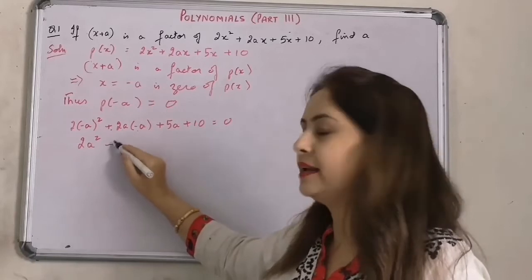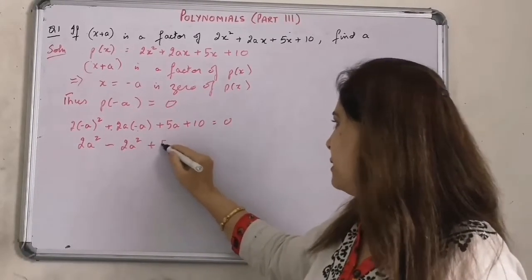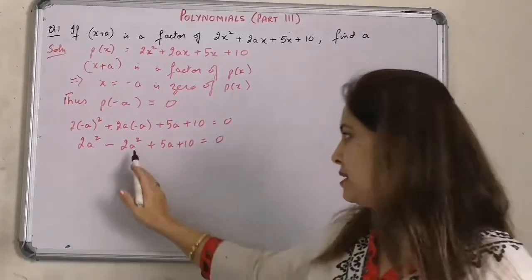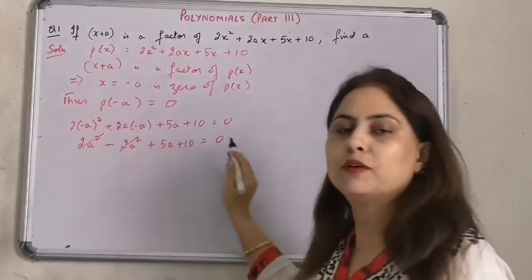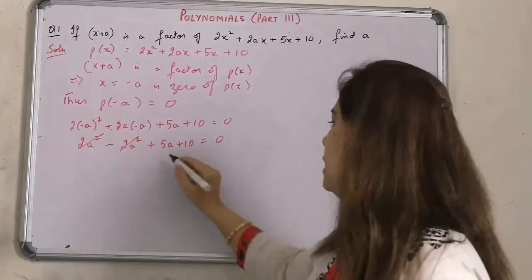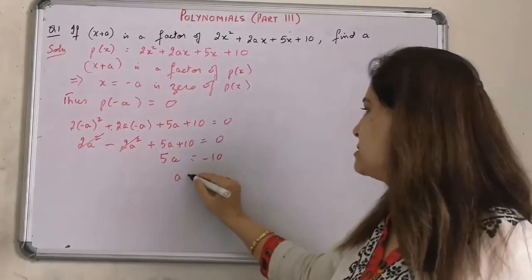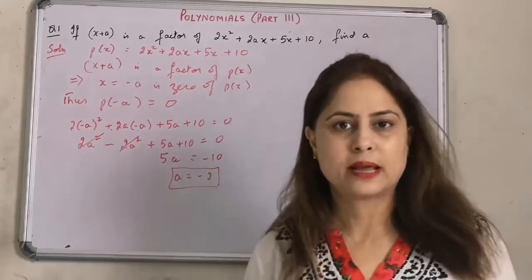Plus into minus is minus, 2a into a is 2a square, plus 5a plus 10 is equal to 0. As you can see, these are two like terms with opposite signs, so they cancel out. We are left with 5a plus 10 is equal to 0. That would imply 5a is equal to minus 10. That is, a is equal to minus 2. So this is how we answer questions of this type.